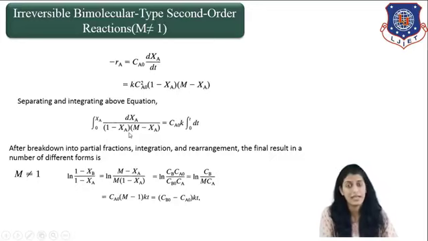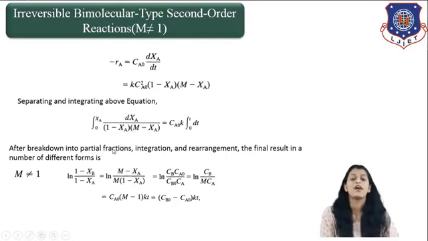Since it is in terms of XA, we need to integrate it from 0 to XA. Once you do that, we need to use the partial fraction method and then integrate it. So the final result will be in the form of ln((1 minus XB) upon (1 minus XA)), which again equals ln((M minus XA) upon (M(1 minus XA))), or in terms of concentration it can be written as ln(CB CA0 upon CB0 CA), right?